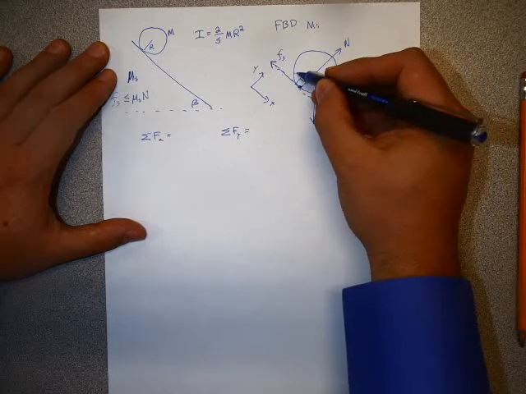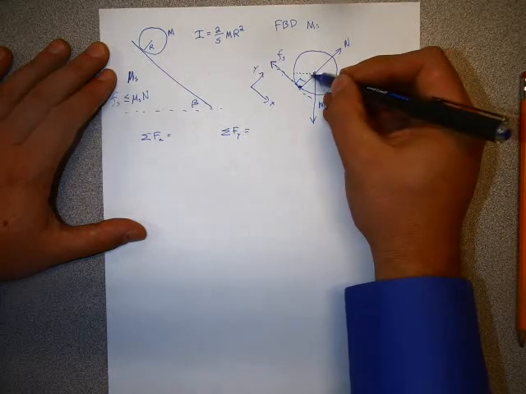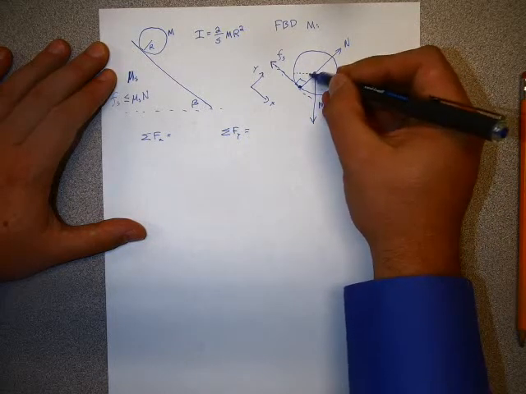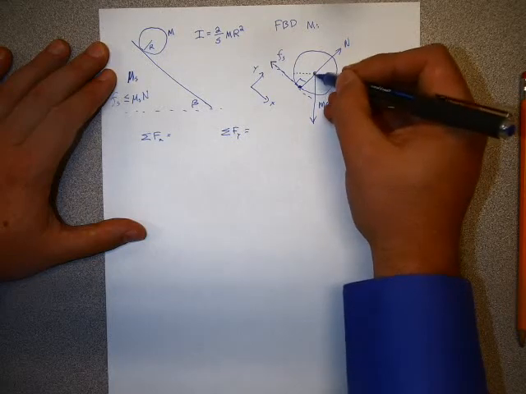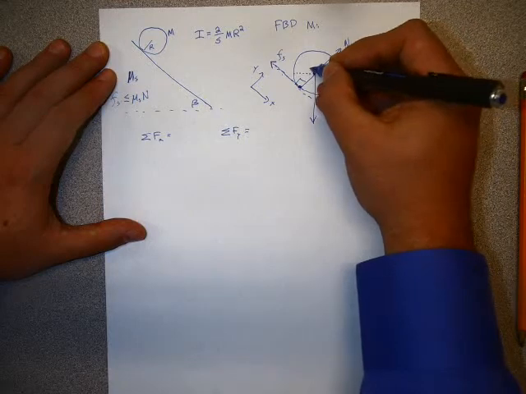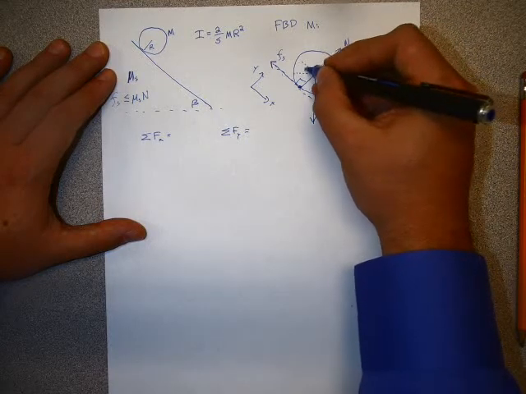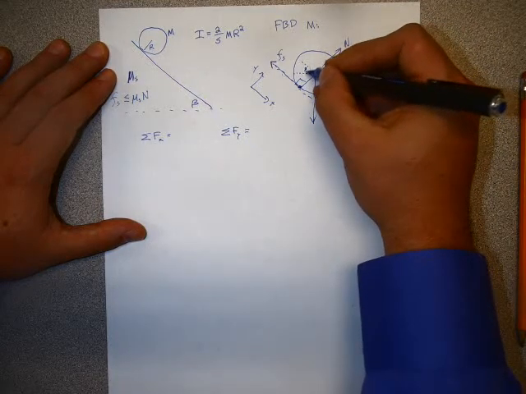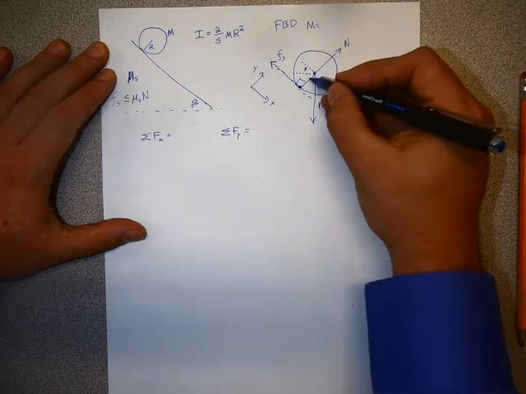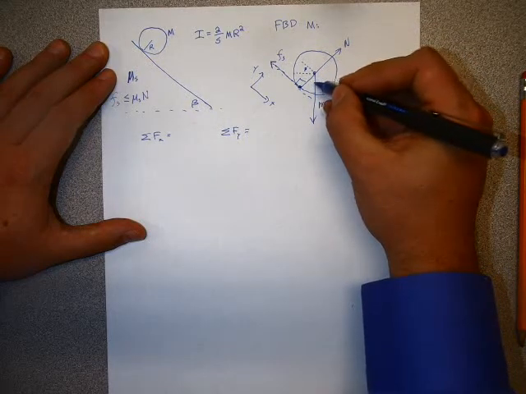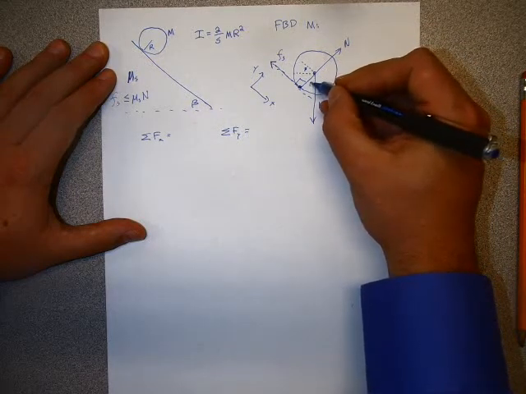So if we consider that there's 90 degrees between horizontal and vertically down, and that there is some angle beta between the ramp and horizontal, then this angle must be 90 minus beta, and this must be 90 minus that, which is beta again.